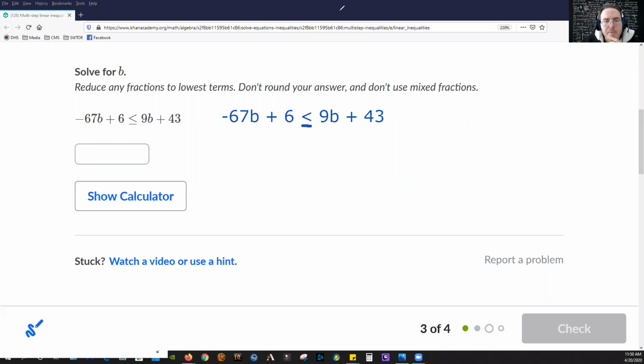Okay, inverse operation time, time to get the b's by themselves. Why don't I go ahead and add 67b just so we get positive values. So if I'm adding 67b, that'll take care of that, because now these make it 0, so they're gone.